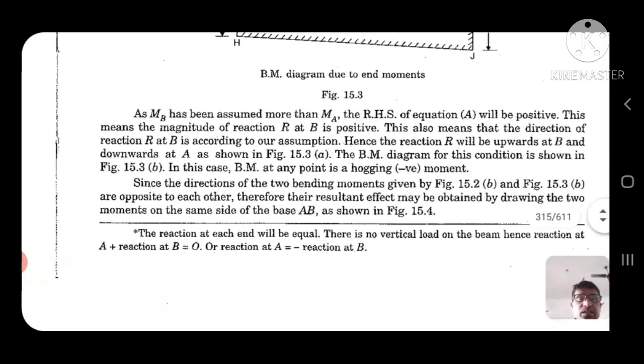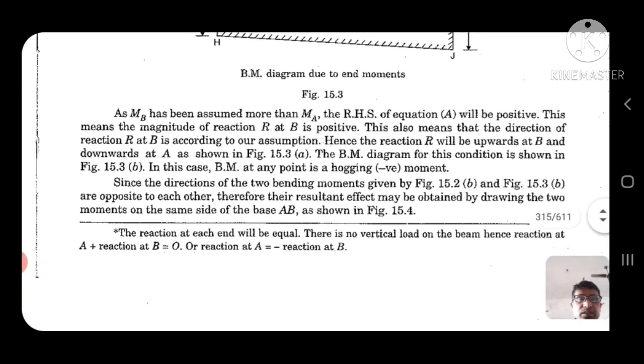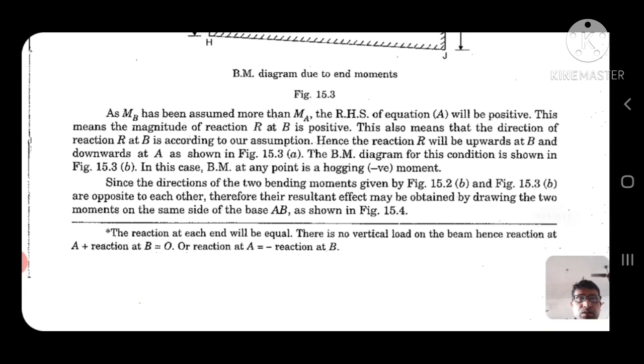Since the directions of the bending moments given are opposite to each other, their resultant effect may be obtained by drawing the two moments on the same side of the base AB.